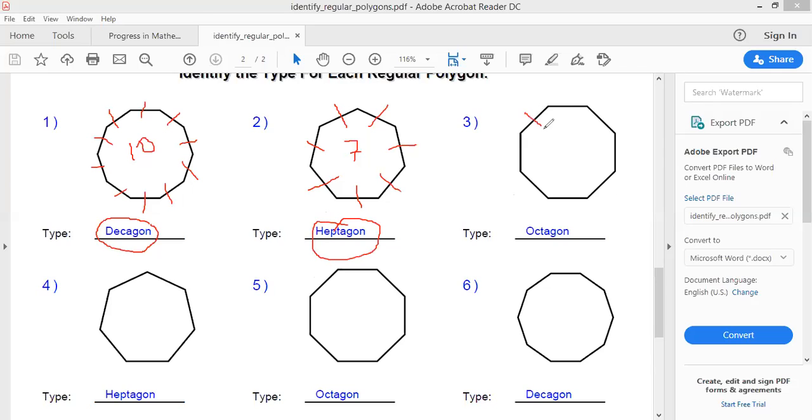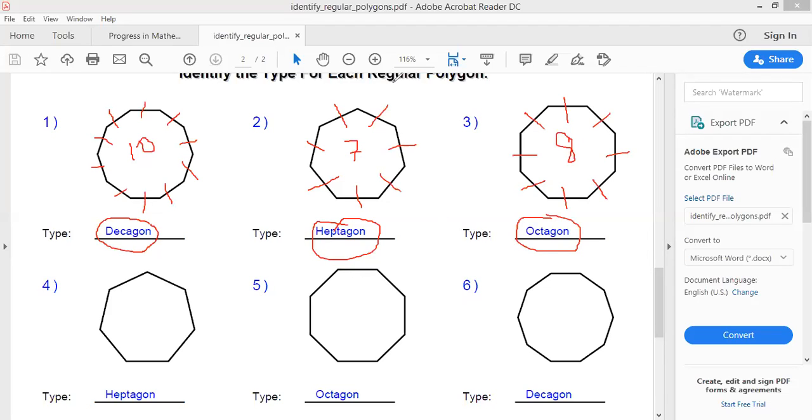Now 8 sides. 1, 2, 3, 4, 5, 6, 7, and 8. It's an octagon. 9 sides, what do we call it? Nonagon. Yes, nonagon. Again, heptagon, octagon, and nonagon.